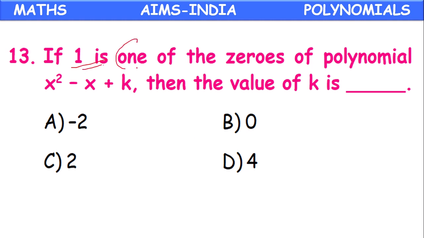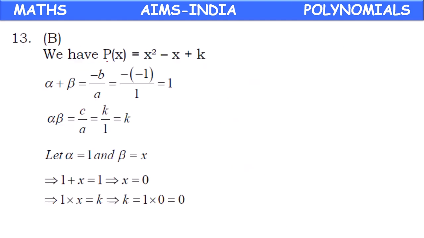If 1 is one zero of the polynomial, then the value of k is how much? So we have p of x. So alpha plus beta 1, alpha beta k. So they have given one zero is 1. Let alpha equal to 1, beta equal to x.